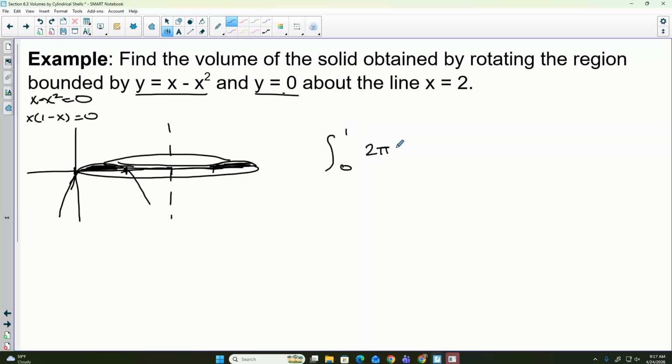So we have 2 pi times the radius. Now the radius is a little bit different here because I'm not rotating around the axis. So my radius isn't just x, it's going to be 2 minus x. It's the distance from 2 back to our point. And that's because I did not rotate around the axis.